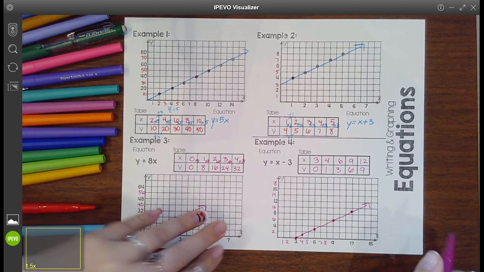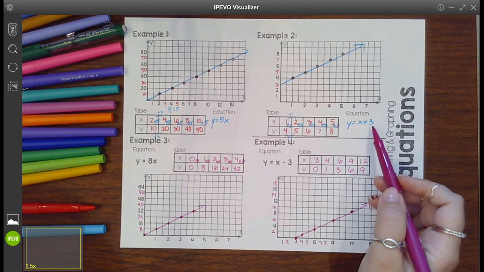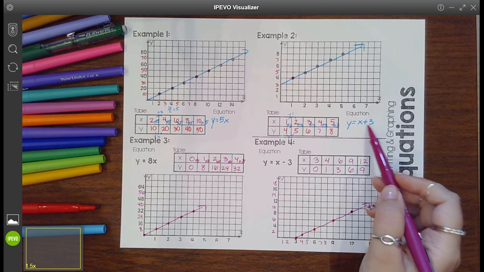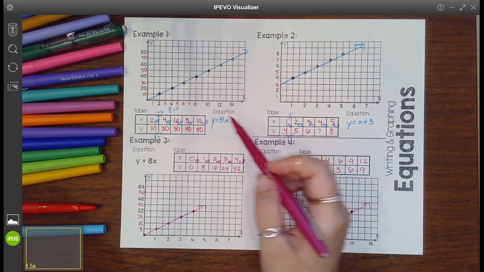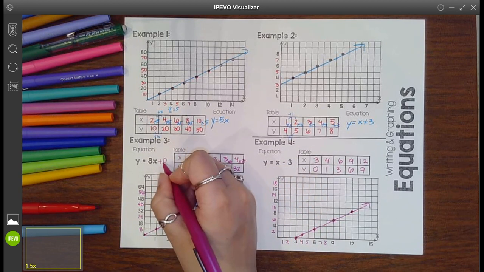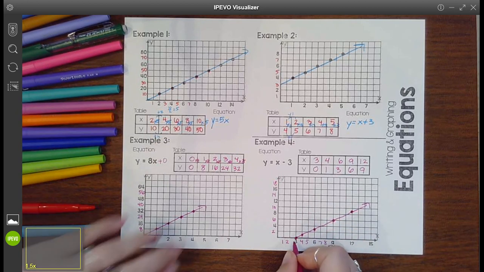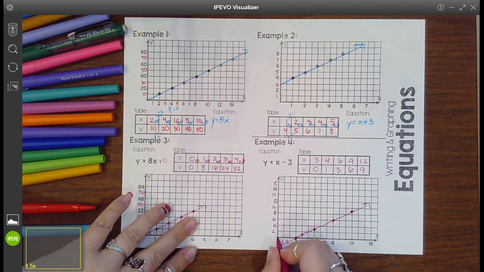Now, some of you are like, wait a minute. So your equations before, you were talking about how this number at the end tells me where I start on the x-axis. So I started at 3 on the x-axis. Here I started at 0. Here, there's nothing tacked on at the end, so I started at 0. What about this one? Like, where do I start? Well, notice if I extend this line, it would hit down here at -3.